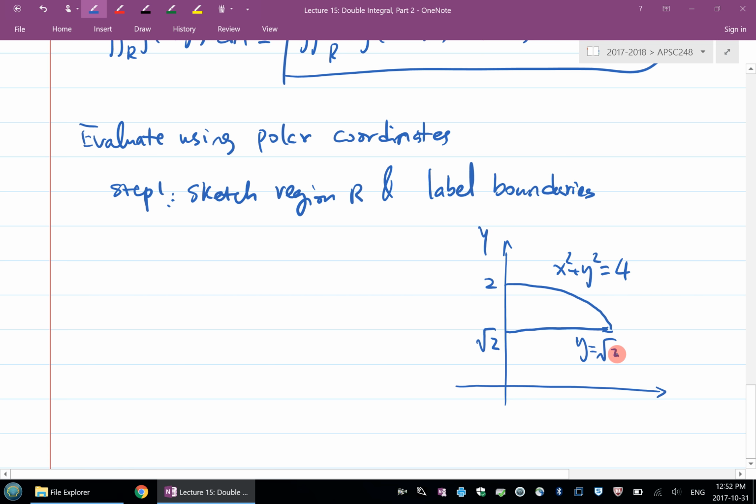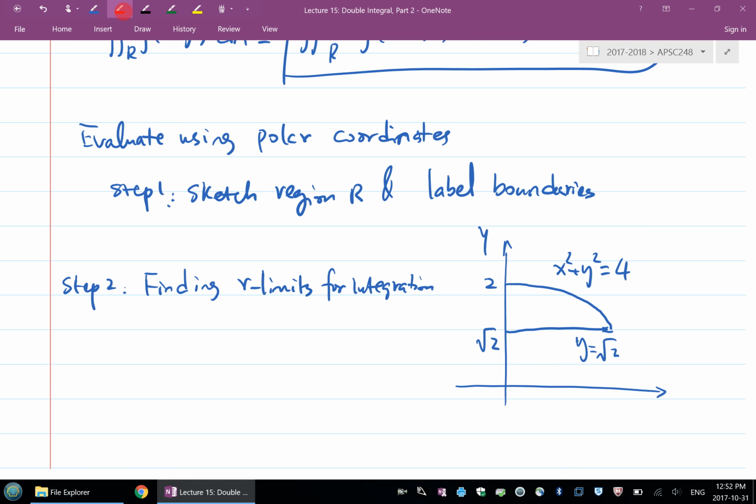Now step number 2. We're trying to find the limits now, the r limits for integration. And this is what you do.